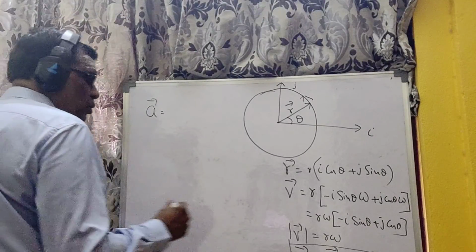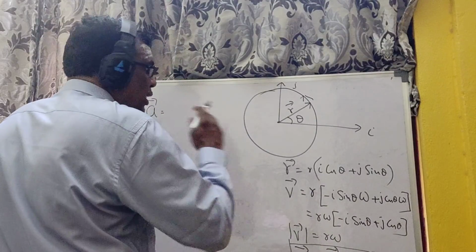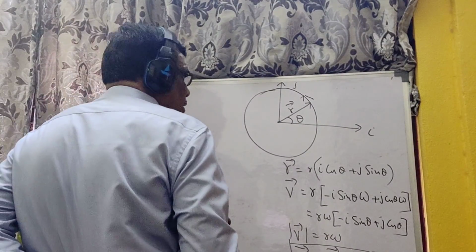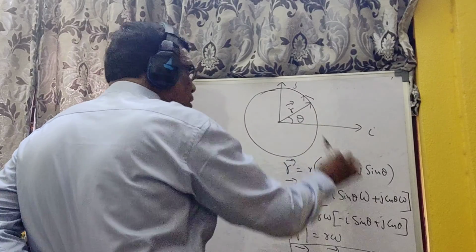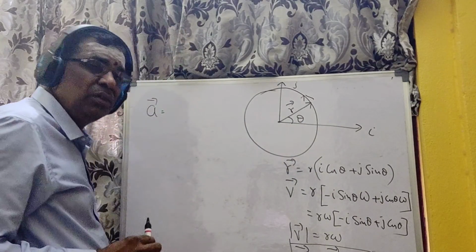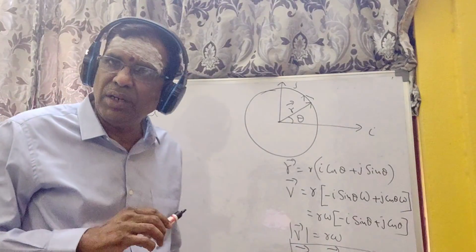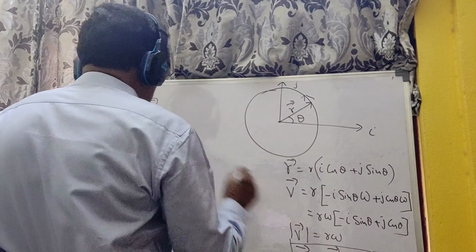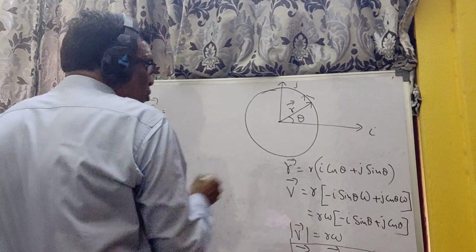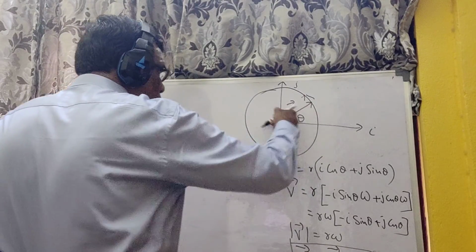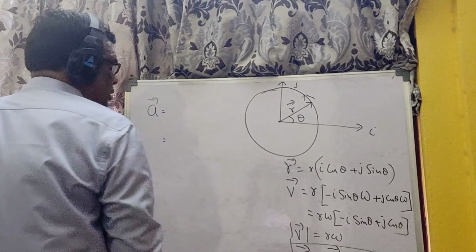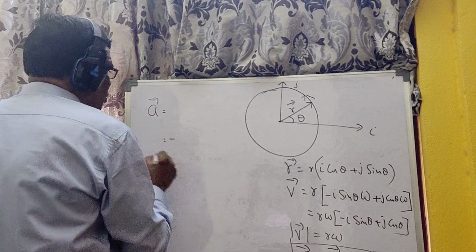You remember, one is towards the center, and the other is parallel to the velocity, either along the velocity or opposite to the velocity. If you want to write that, the first is the radial acceleration.